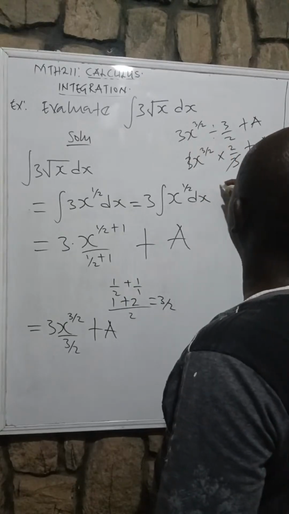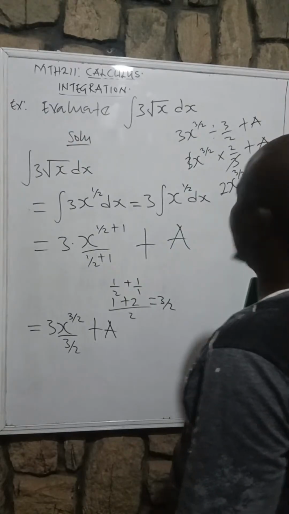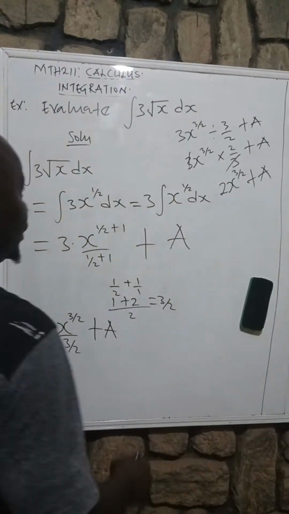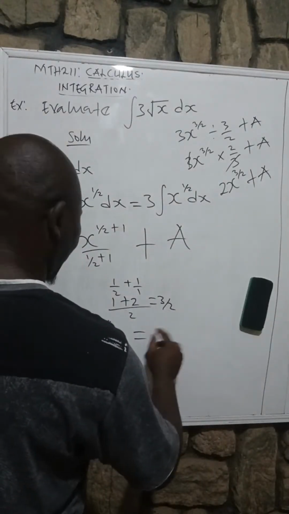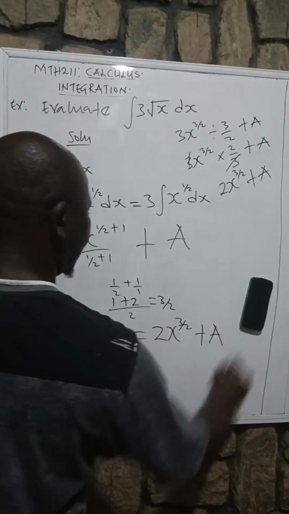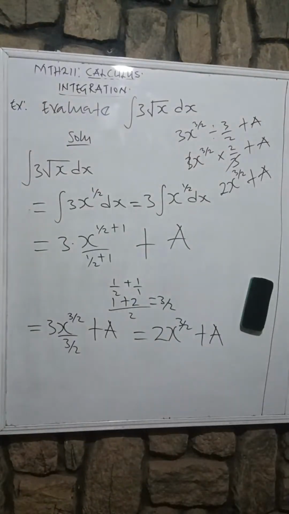The 3s cancel to give us 2x raised to the power of 3 over 2 plus any constant. I think somebody was trying, you were somehow close, but you didn't get the answer.